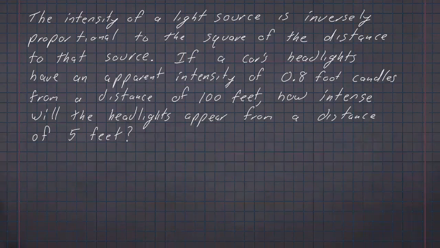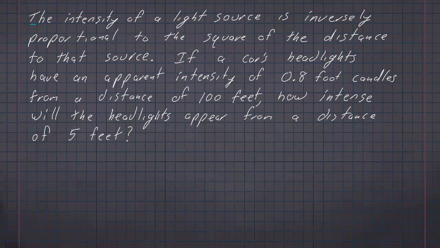Once again, we are trying to apply the ideas of variation. As with the last one, we could simply use the generic variables x and y, but I find it easier to figure out what's going on if I use letters that remind me of what these things mean in the situation.